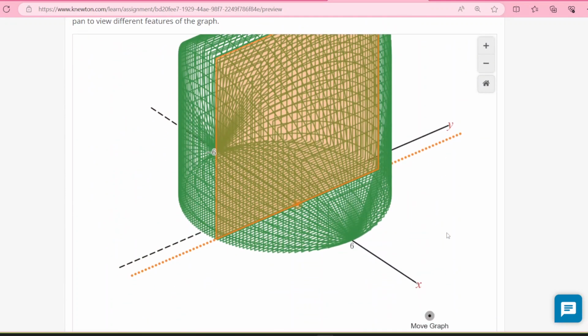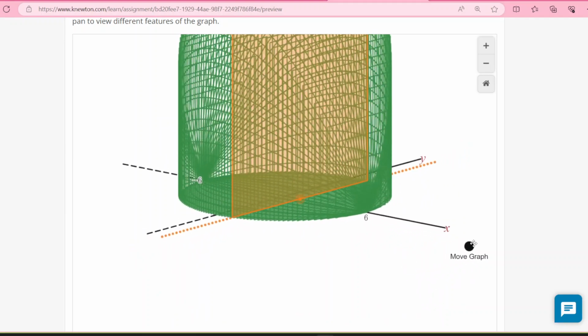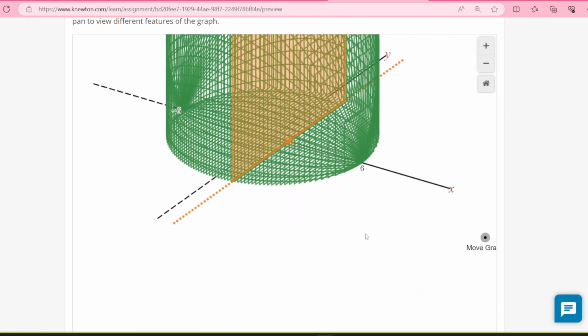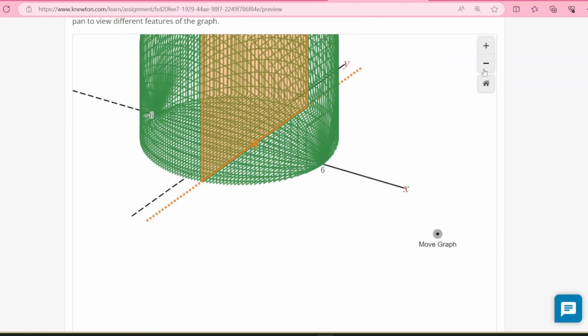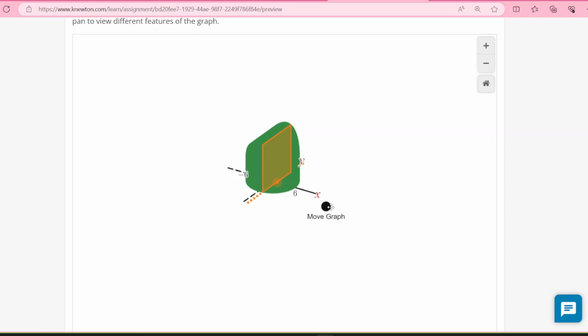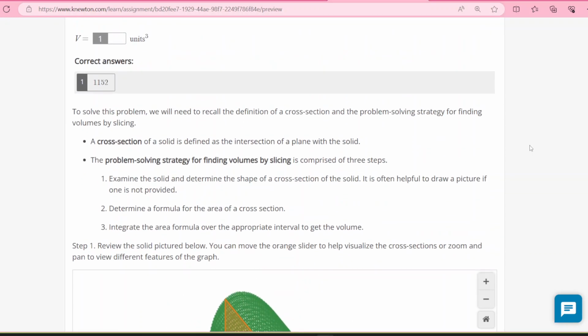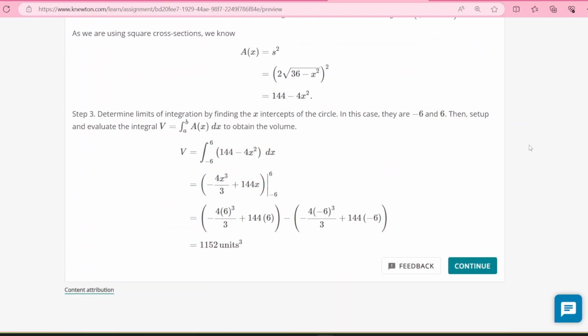And they show you here where you can see it's a circle with all these squares. We can zoom out a bit. It's this 3D figure here, circular base, and then you got these square cross sections. They have a cross section in orange here. So you can play around with that and find the volume of it, and they go through the whole procedure. You check it out. All right, next question.